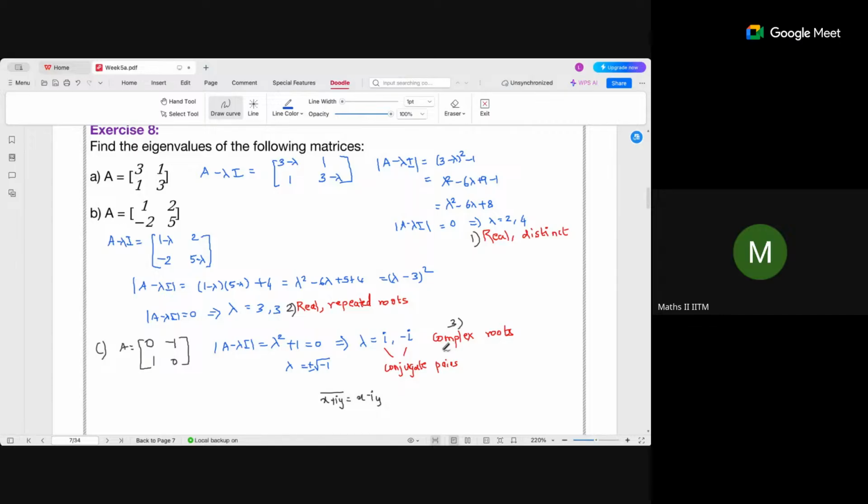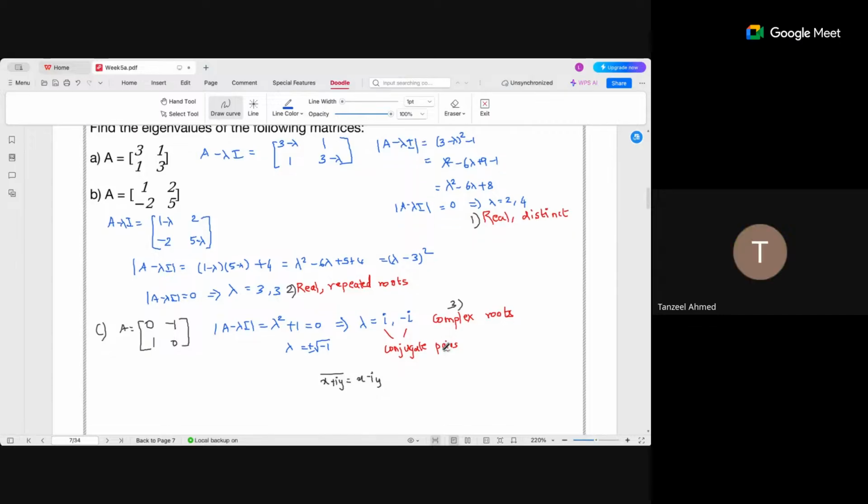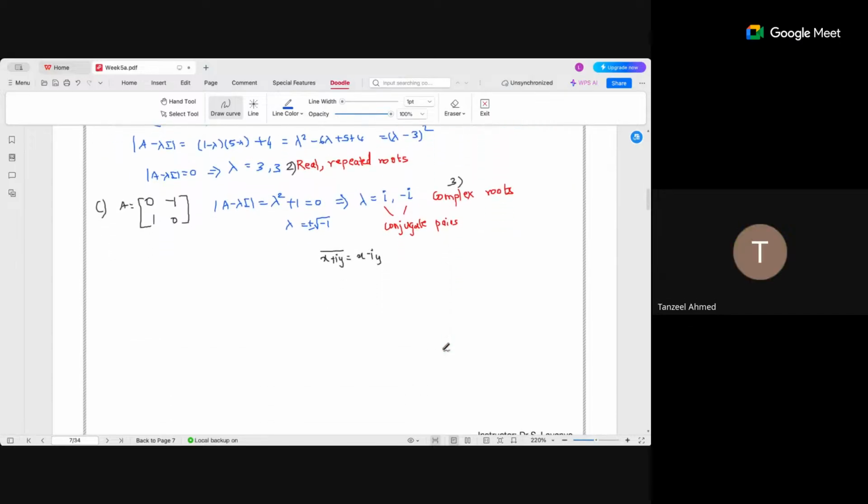So any odd degree polynomial will have a real root. Got it? So there will be one real or three real or five real, whatever it is, but the remaining missing root will be a real number, because the complex ones always occur in pairs.